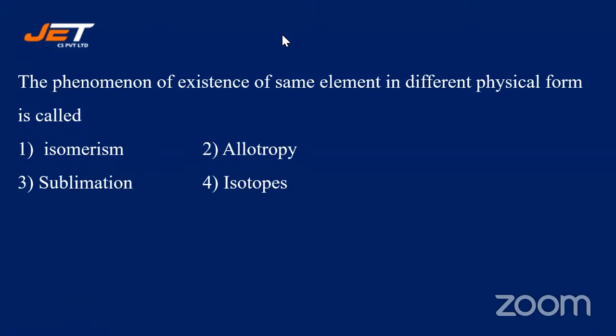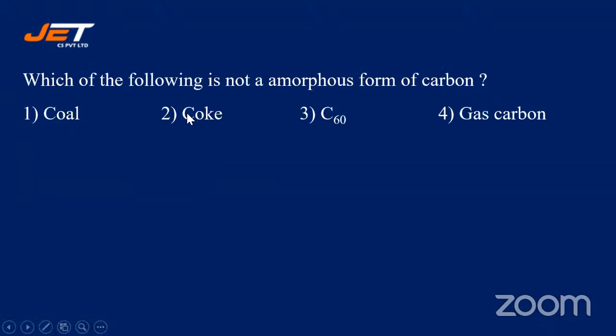It is not isomerism. Yes, it is allotropy. Isomerism has same molecular formula but different properties by the compounds. Allotropy has existence of same element in different physical form, that is amorphous and crystalline. Let us move to the next one.